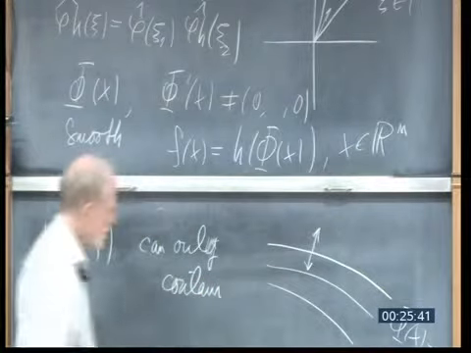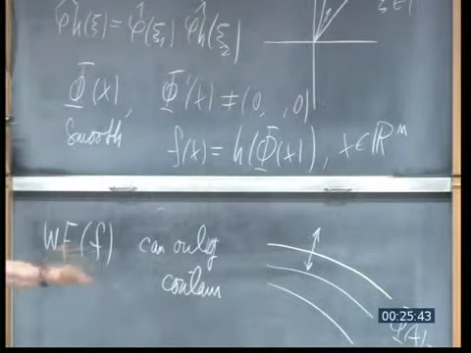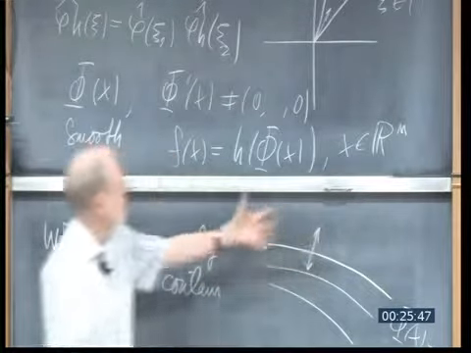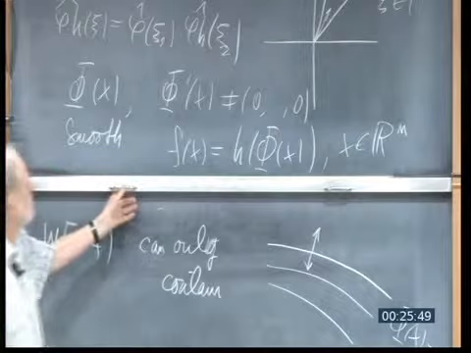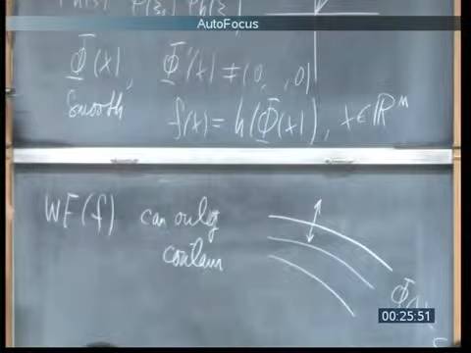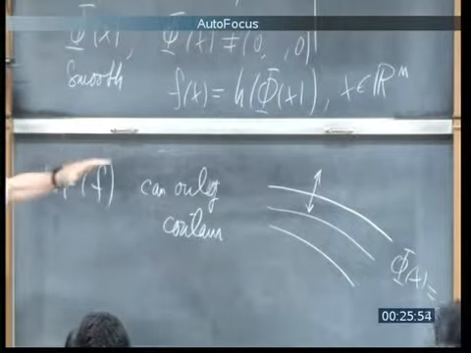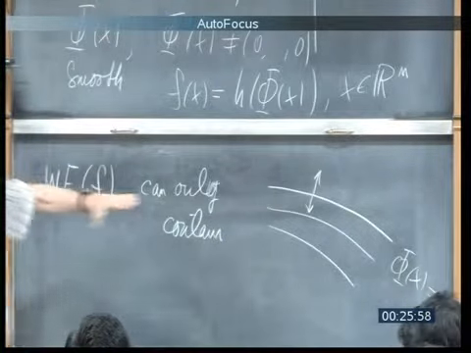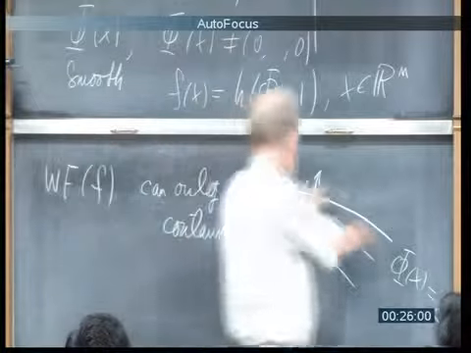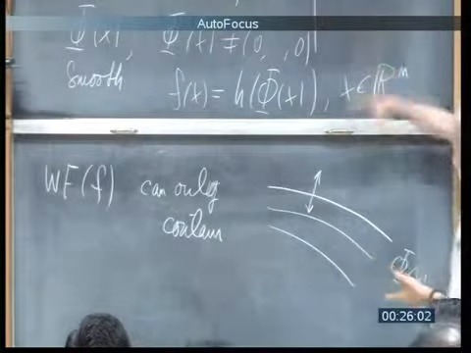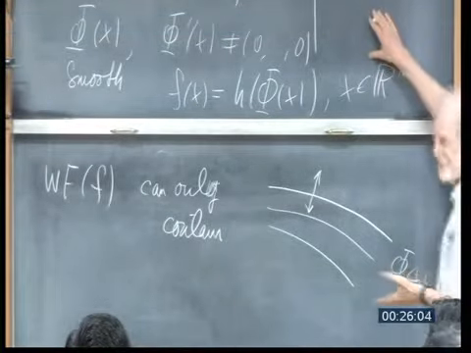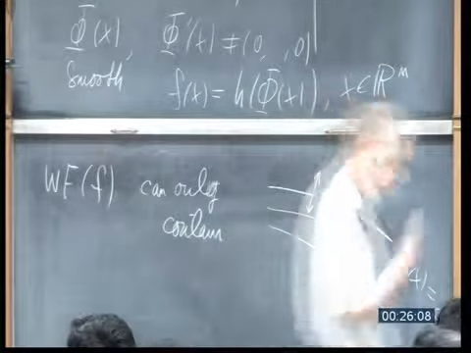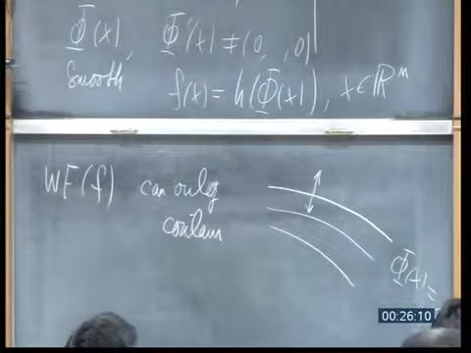And the reason was that by a smooth change of variables, the situation can be transformed.